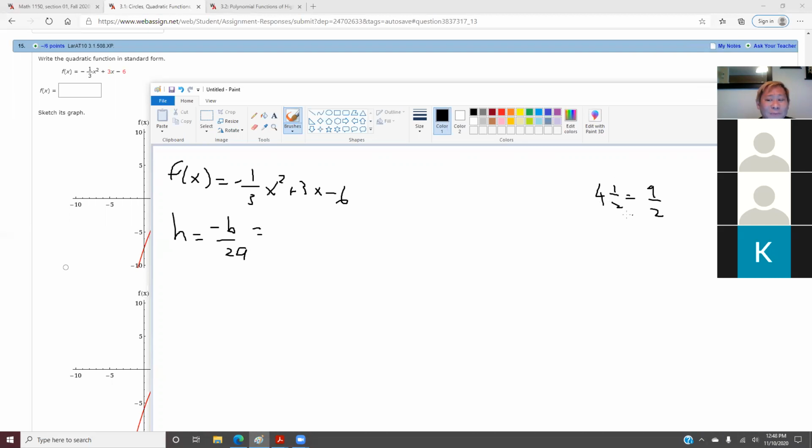This is pretty easy stuff. -B is 3, over 2 times -1/3, so this is 3 over -2/3. And this is 3 times, flip this fellow, -3/2. So this is where you get 9/2.